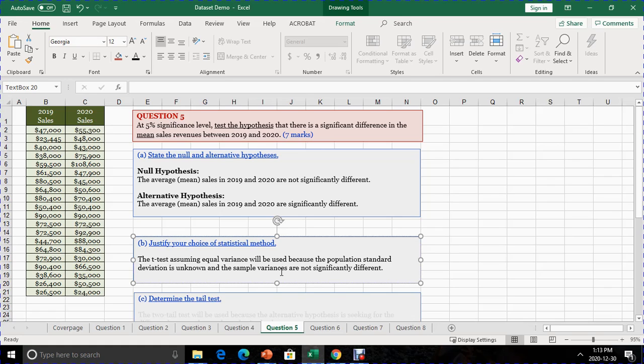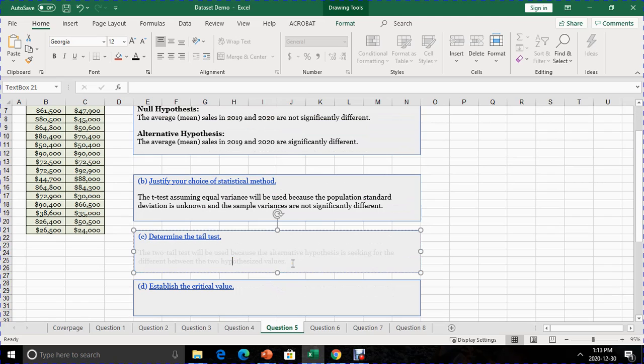So in that regard, the choice of statistical method that we required will be a t-test for the reason that the population standard deviation is unknown, and we are going to assume equal variance for the reason that the sample variances are not significantly different, they're essentially the same.